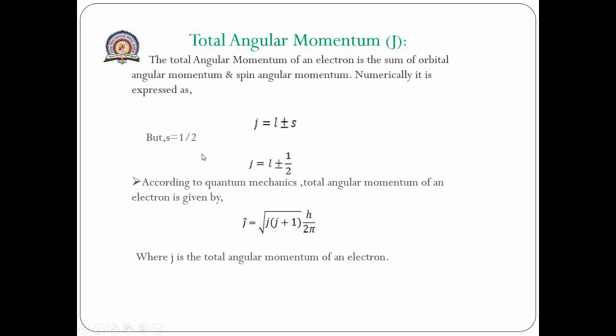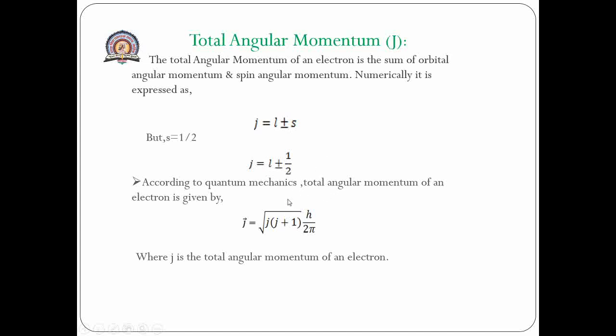For S equal to 1/2, J is equal to l plus or minus 1/2, because S has only two values, plus or minus 1/2.